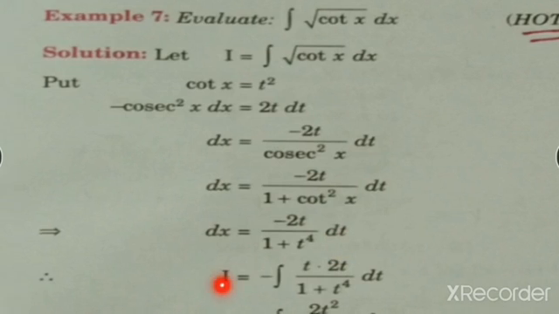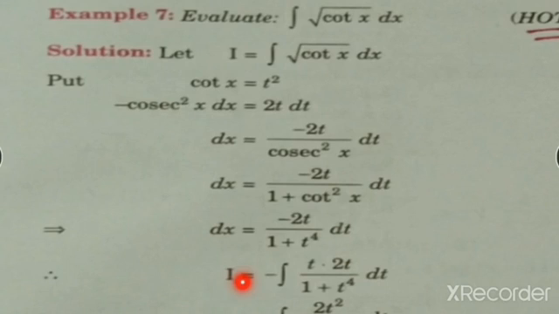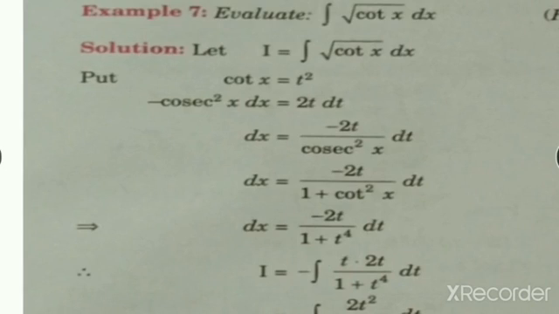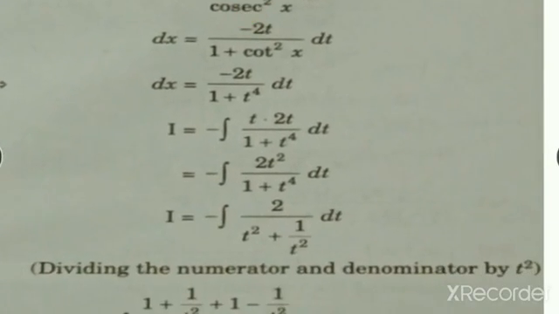Now our integration is I is equal to minus t into 2t upon 1 plus t raised to 4 dt, is equal to minus integration 2t square upon 1 plus t raised to 4 dt, dividing numerator and denominator by t square.